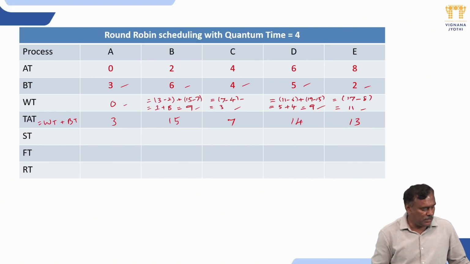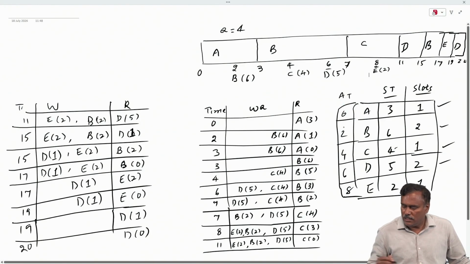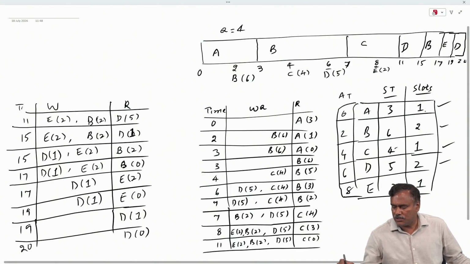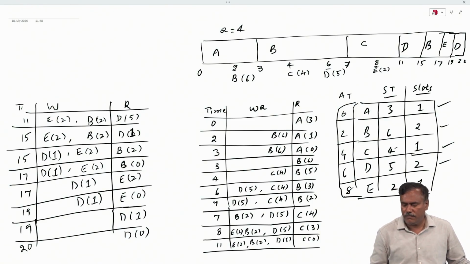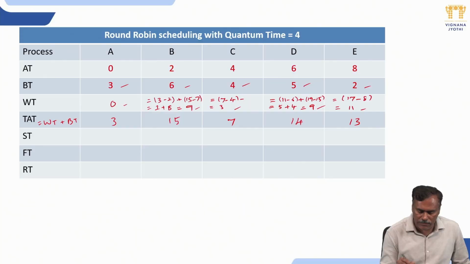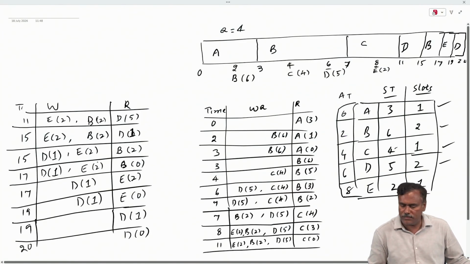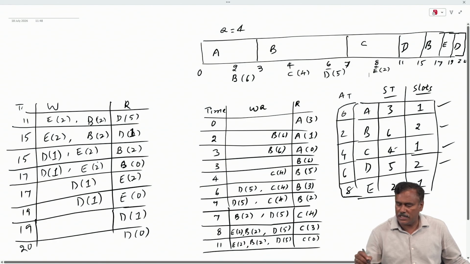And coming to the start time, you know this process A is getting executed in just a single turn or block, whatever you say. So it started at 0 and finished at 3. So the start time of A is 0, finish time is 3. And coming to process B, in 2 slots it is getting executed.